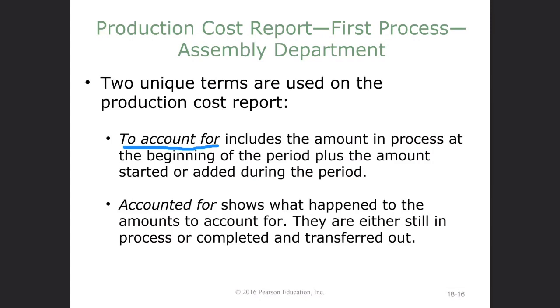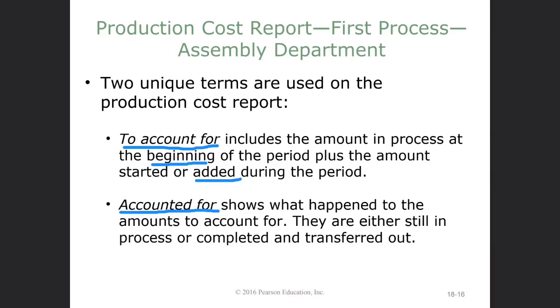And then this one is what we have accounted for. So to account for includes the amount in process at the beginning of the period plus the amount started or added during the period. So to account for anything at the very beginning. So we started with 100 and then we added 50 during the period. So 150 to account for.